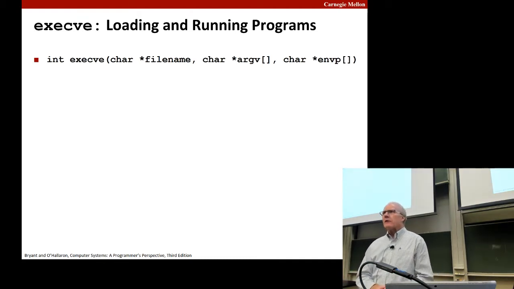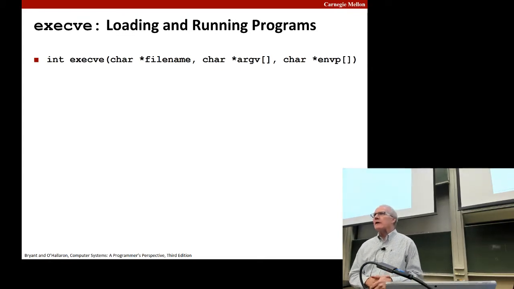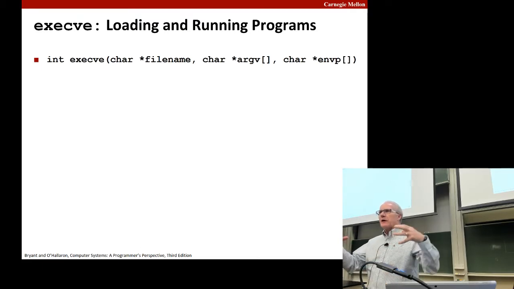Now there's another interesting function which goes under the various names of exec. There are different versions of this, and this is the most general. It's the way that, once a process has been created, it's told to execute a specific program. So exec is a high-level way of saying, execute this program using these command line arguments.